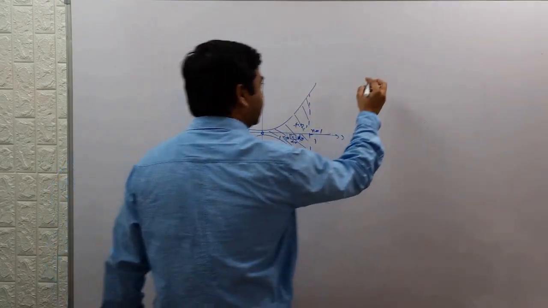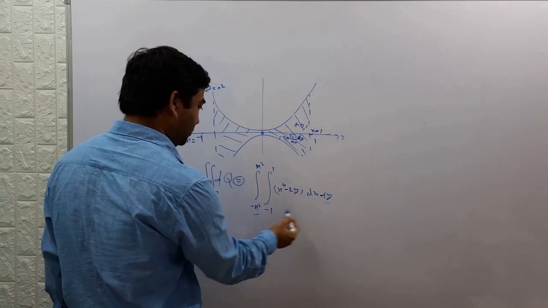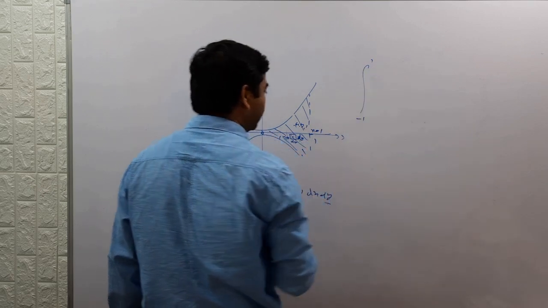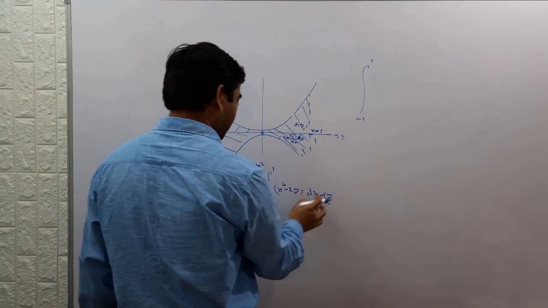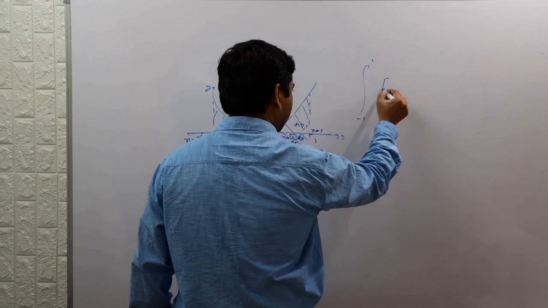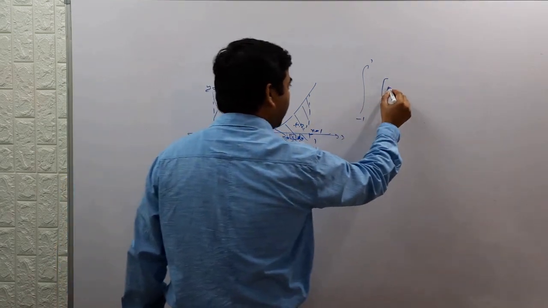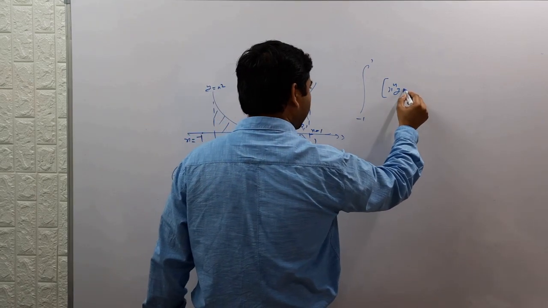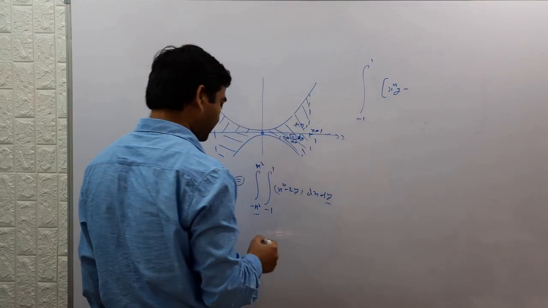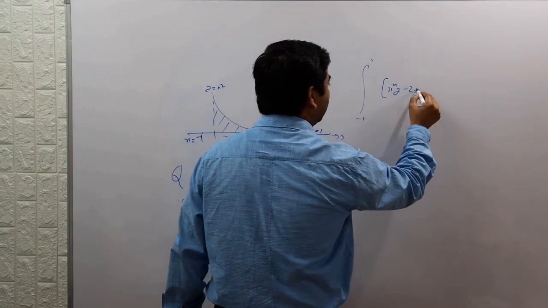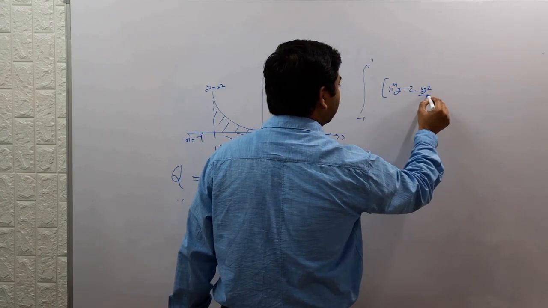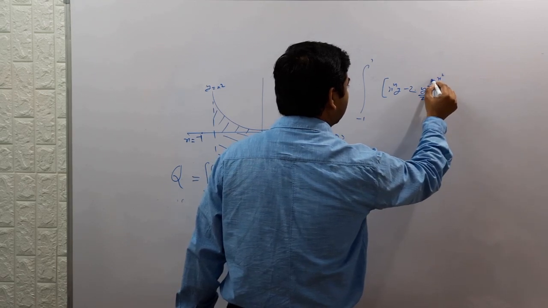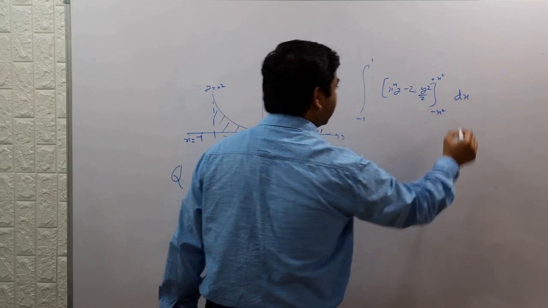Now we will integrate this. First of all, with respect to y, limit -1 to +1. x to the power 4 y minus 2y square by 2, minus x square dx.